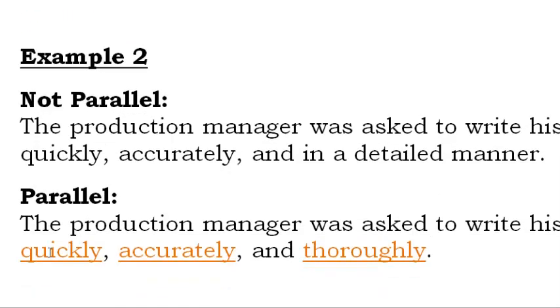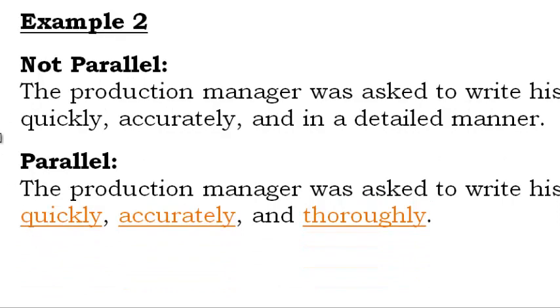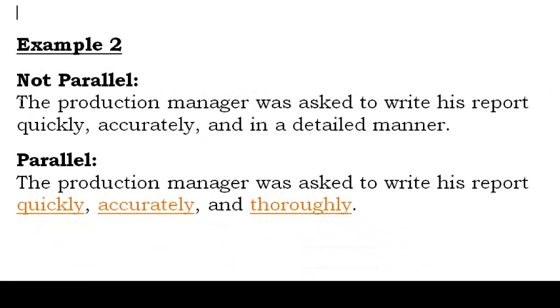Here's our second example. Not parallel. The production manager was asked to write his report quickly, accurately, and in a detailed manner. Well, we have two adverbs. We have quickly, we have accurately, but in a detailed manner is a little bit clunky, and that is different from what we want right here.